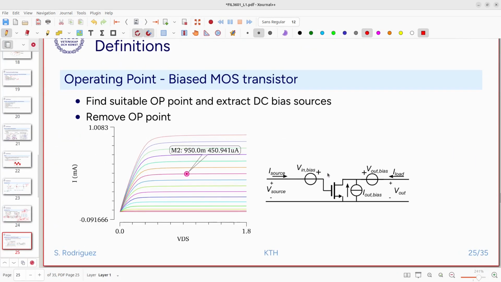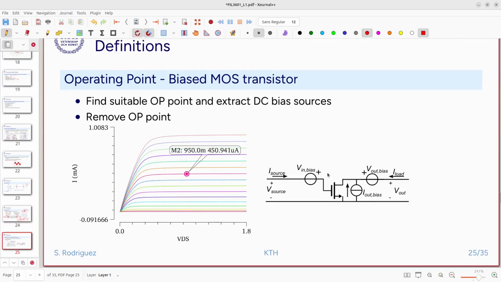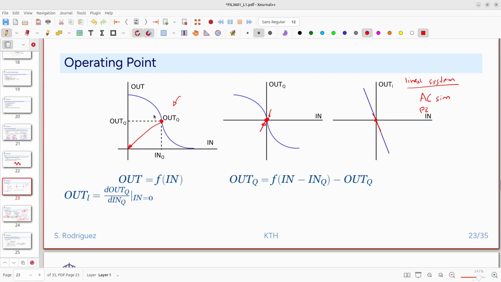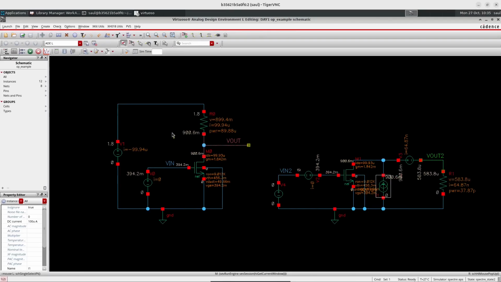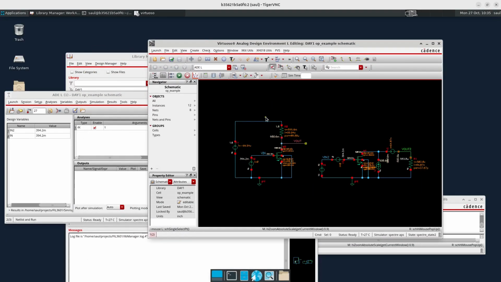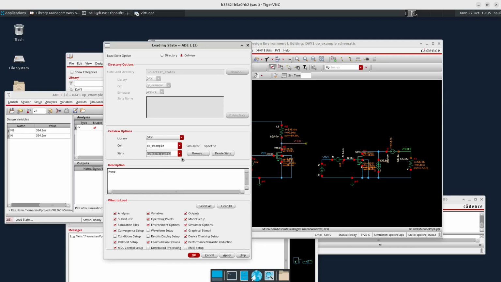Then the next part is that we can also extract these curves, and I think that is very useful to do it now. So we are going to run this sweep. I have already this simulation set up here.